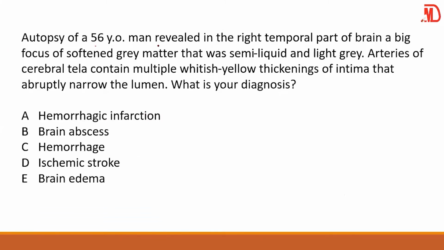Autopsy of a 56-year-old man revealed, in the right temporal part of the brain, a big focus of softened gray matter that was semi-liquid and light gray. Arteries of the cerebral tela contain multiple whitish yellow thickenings of atheroma that abruptly narrowed the lumen.